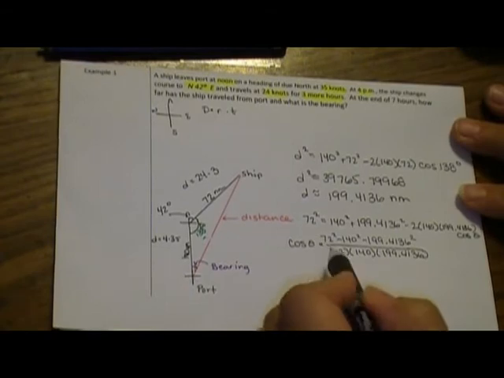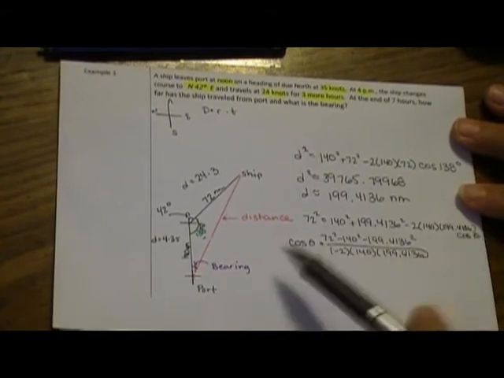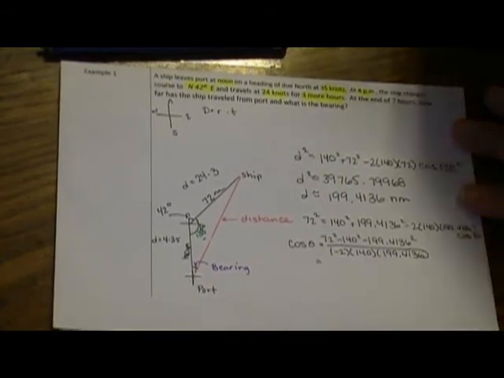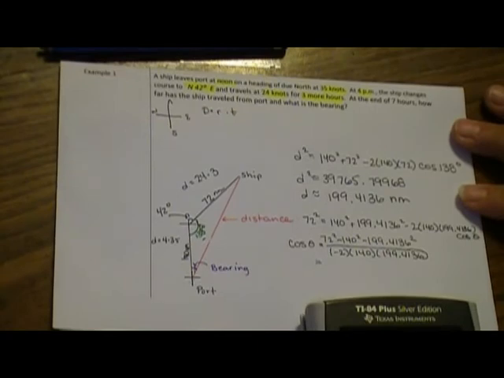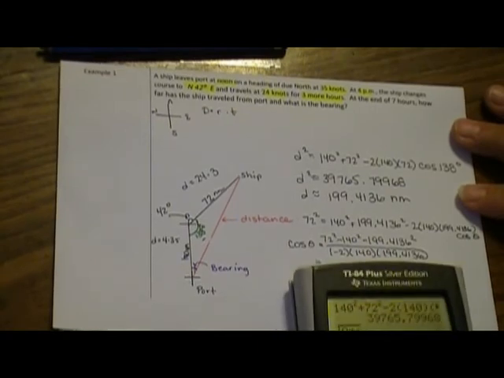Now using our calculator, we already have the previous answer saved. So using parentheses, I'm going to go 72 squared minus 140 squared minus my answer squared, divided by negative 2 times 140 times my answer.